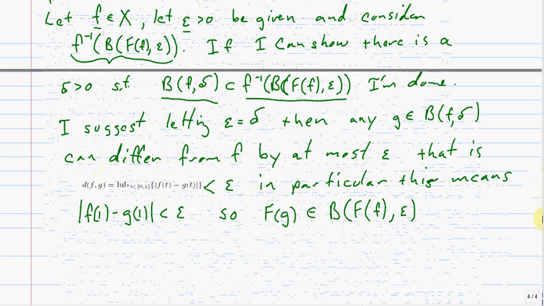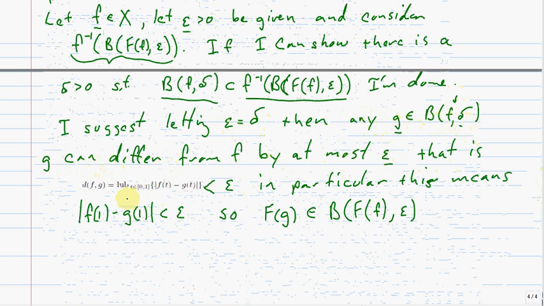And my suggestion is to let epsilon equal delta. And then if you pick any other point in this open ball, this is an open ball around the point f of size delta. And we're going to let delta equal epsilon. If we pick any other point in that ball, maybe I should say g can differ from f by at most epsilon.